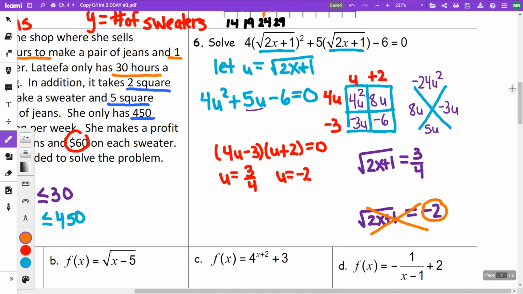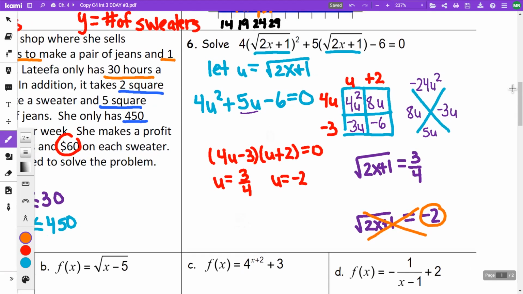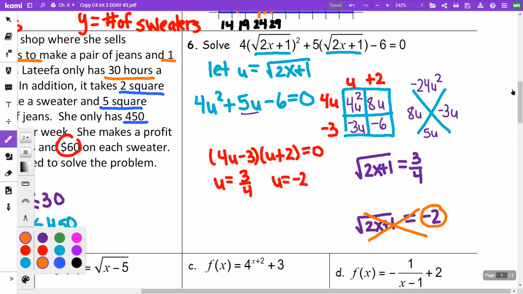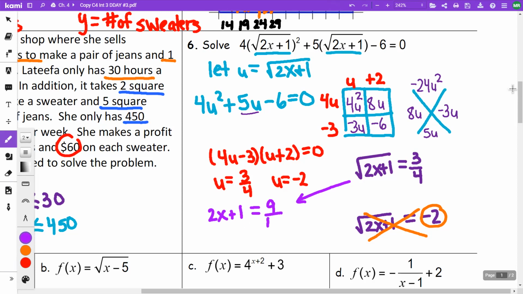So for the other one, I am going to square both sides, and when I square both sides, I am going to get 2x plus 1 is equal to 9/16. I'm going to minus 1 from both sides. So I'm going to have 2x equals.